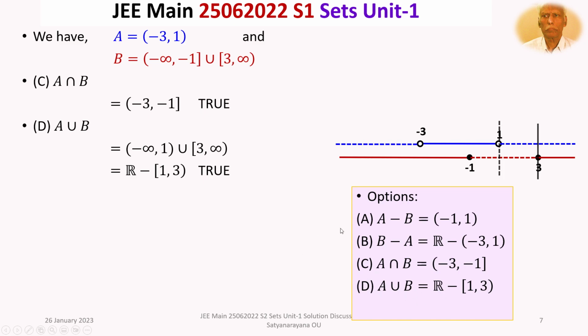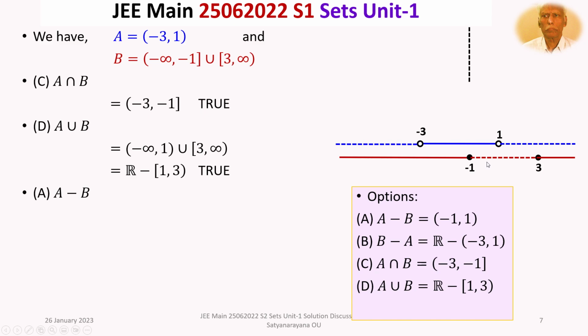So let's get into the next one, the A. A minus B is the set of all those elements which are in A but not in B, which are in this but not in this. That means here the bold-faced line and here the dotted line.